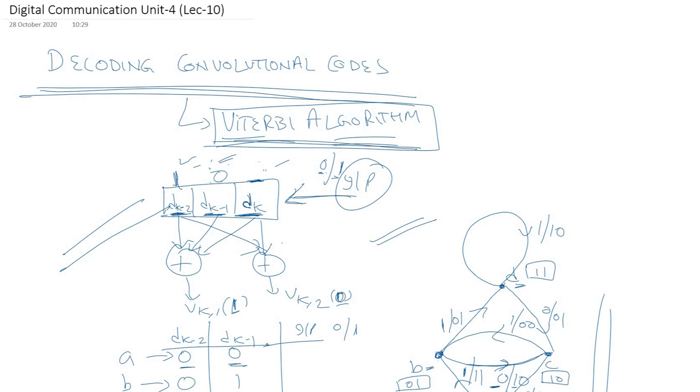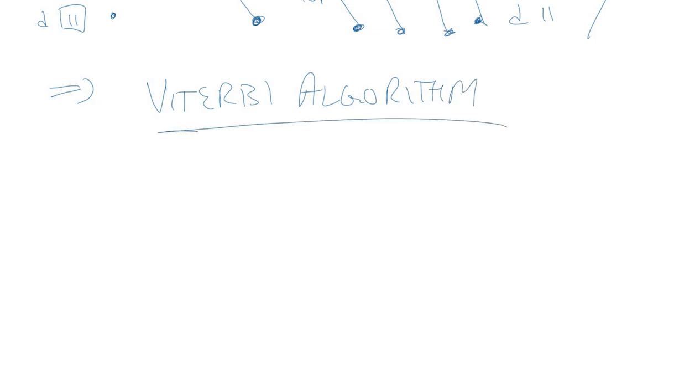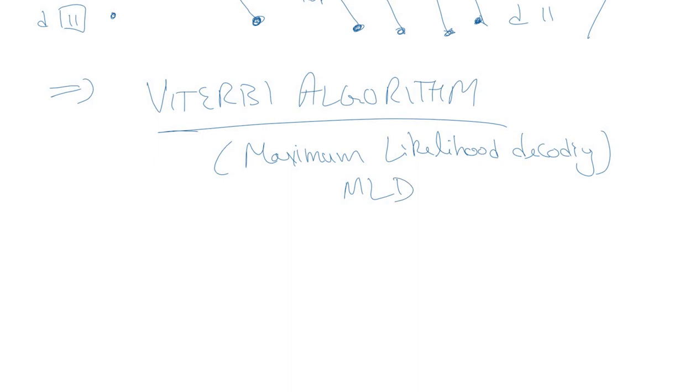Okay, now let us discuss the process followed by the Viterbi algorithm. It is also known as maximum likelihood decoding, or ML decoding, MLD.